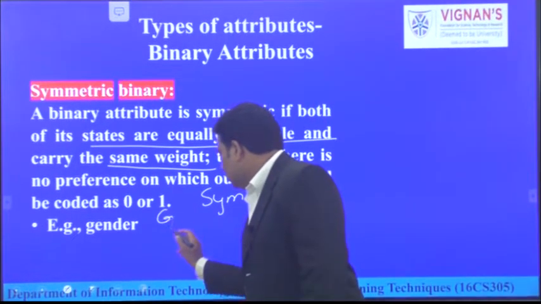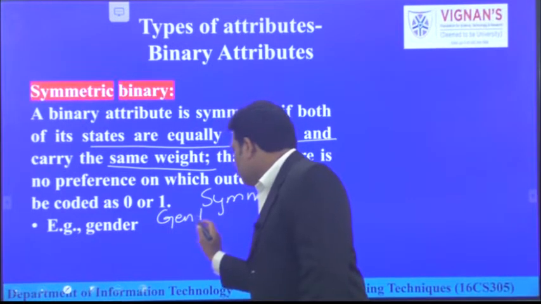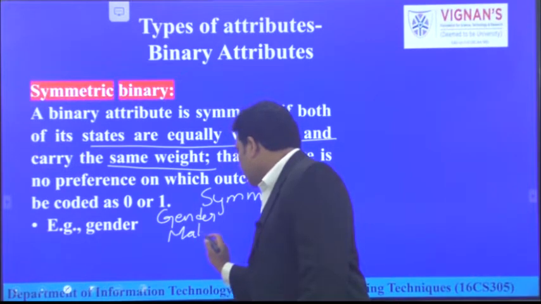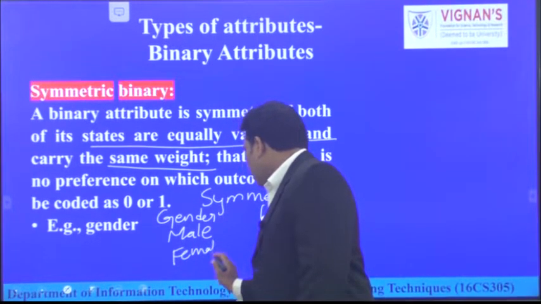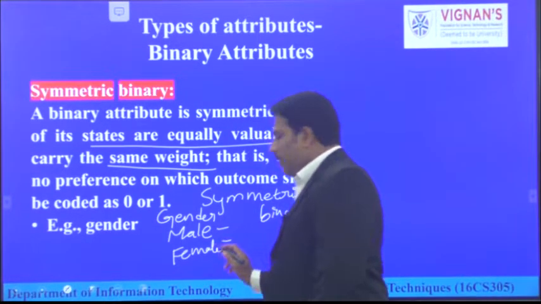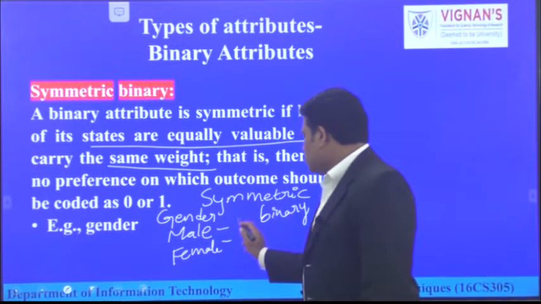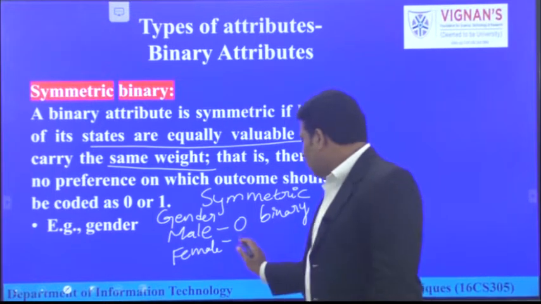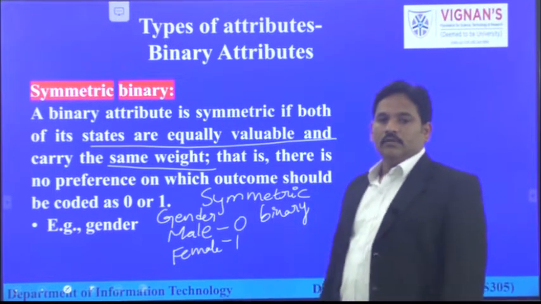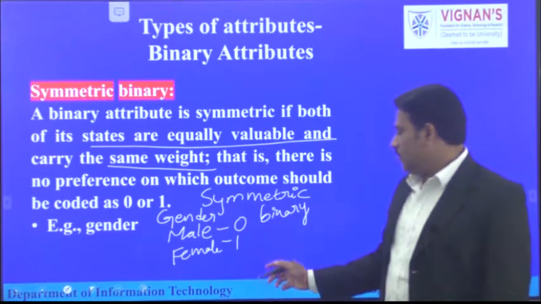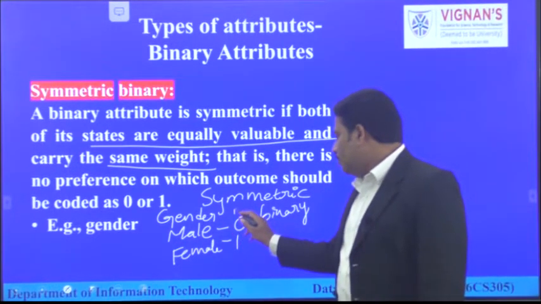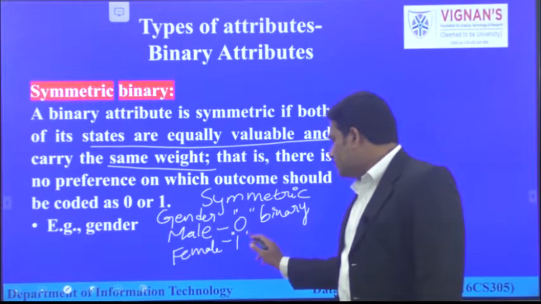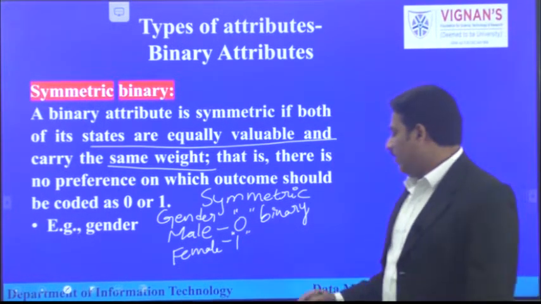Now here, for the gender value, we want to represent the gender value in binary. Let us take two values, male and female. If you want to represent male in binary format, let us assume I took 0 for male, 1 for female. Now we have represented the male string value as binary 0. For female we entered 1. There is one more alternative.